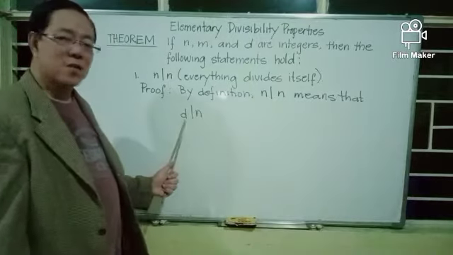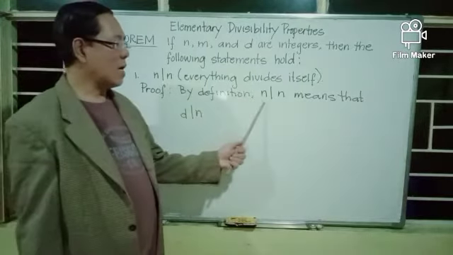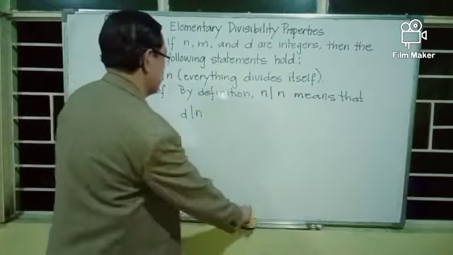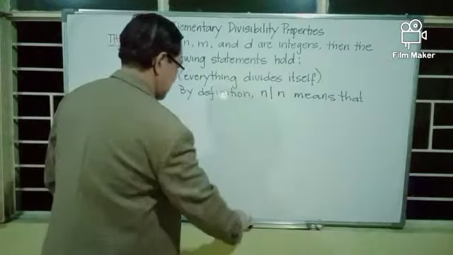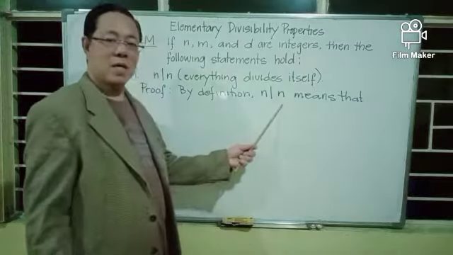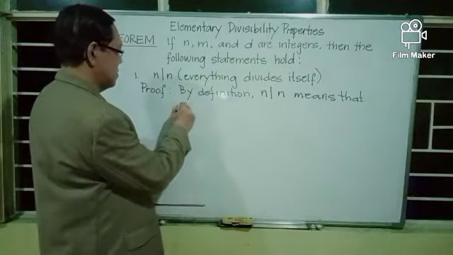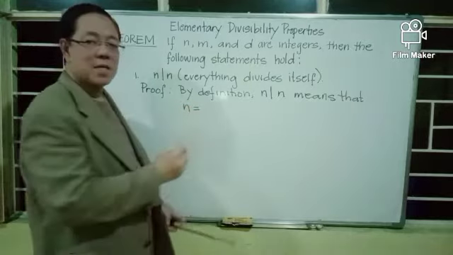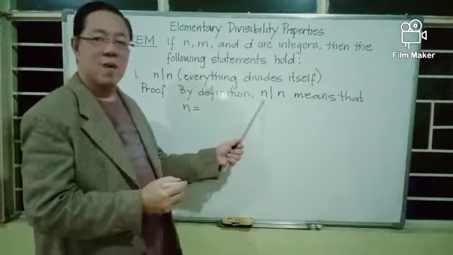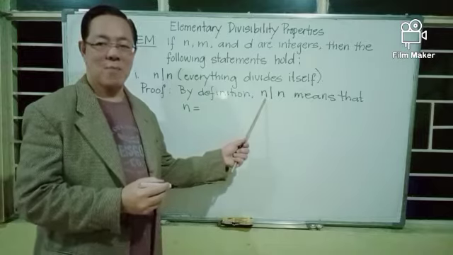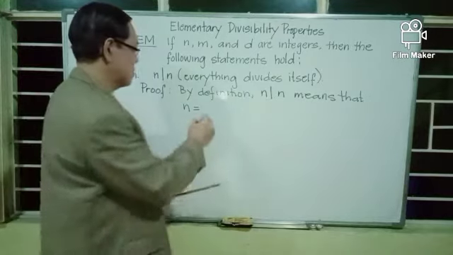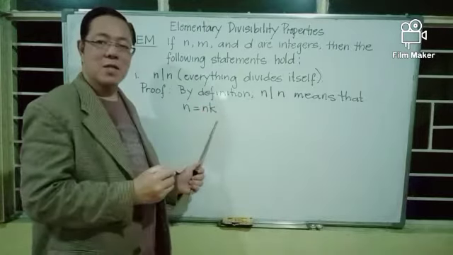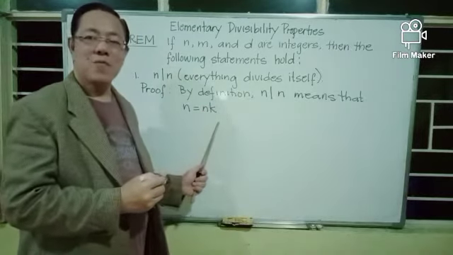And from the definition of d divides n, n divides n means that the number n here can be written as the product of the divisor, which happens to be n also, times the integer k for some k.